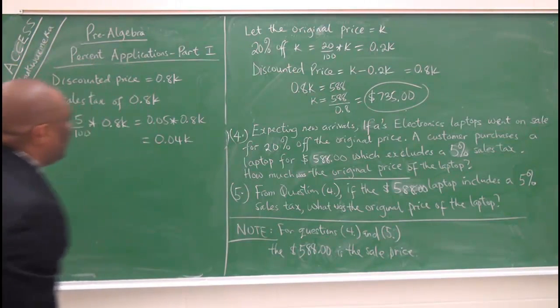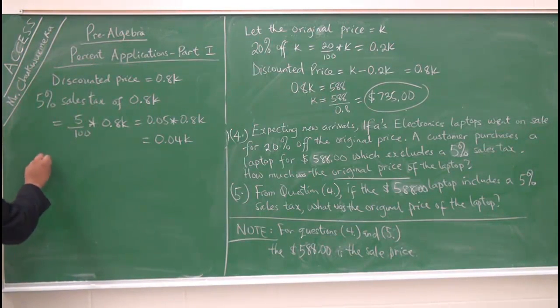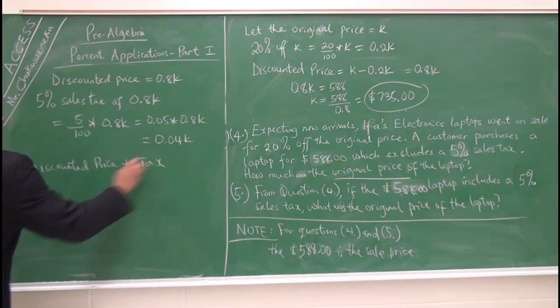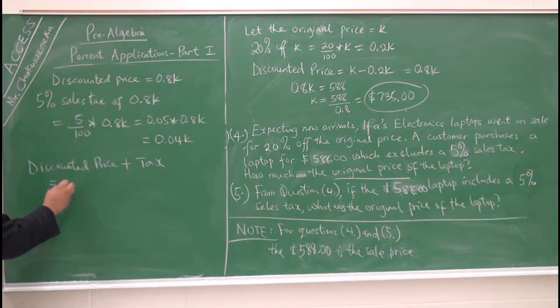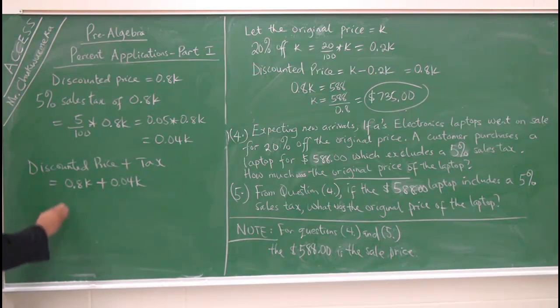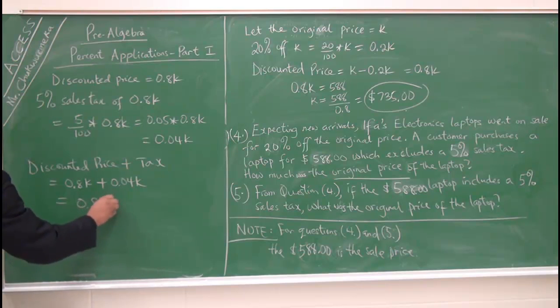So now, what will be the discounted price plus tax? It will be 0.8K plus 0.04K, and that will give us 0.84K.